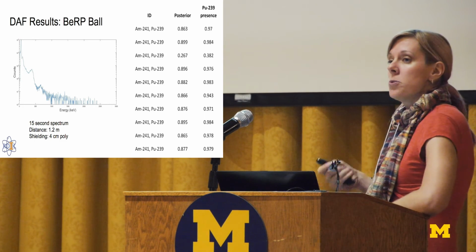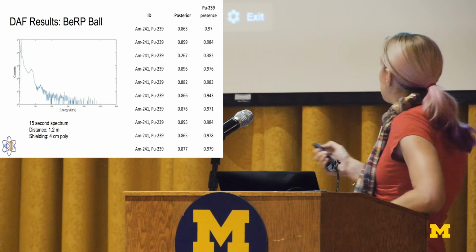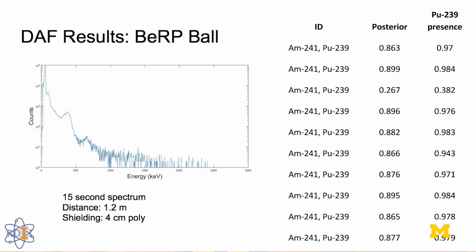But we look at which model in our library had the highest posterior probability. And that's what's shown in this column here as ID. So this is the single model with the highest posterior probability. And we see here that in all 10 cases, we got americium-241 and plutonium-239, which is correct. The BeRP ball has a significant amount of americium-241 in it, so we absolutely should identify that.